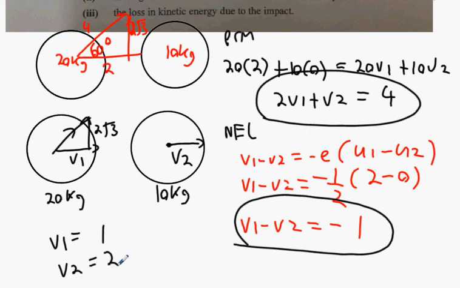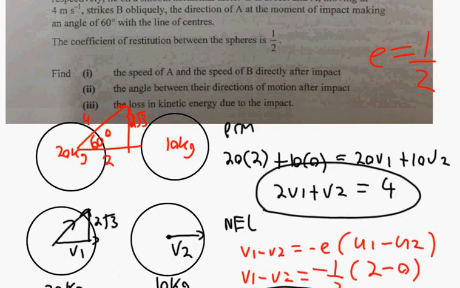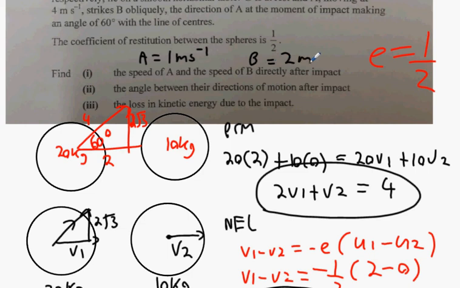Is that right? Now that happens, what can you tell me about the angle after impact? So, sorry guys. Speed of A is 1 meter per second. Speed of B is 2 meters per second. The angle between their directions after impact.